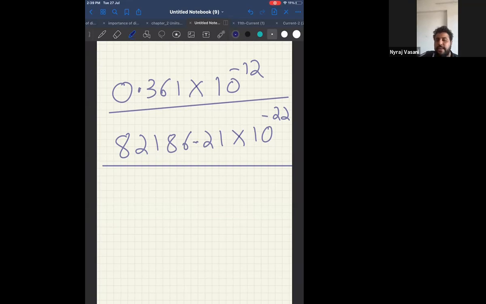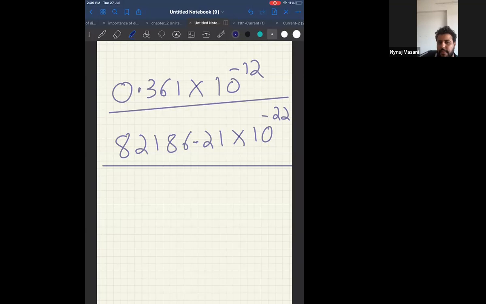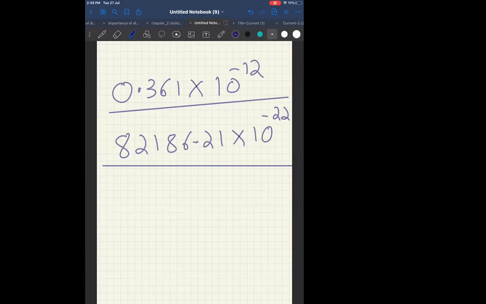First one, can I say it is minus 13? Check whether it is minus 13. Everyone should get minus 13 as the answer for the first one. Now the second one, minus 17.